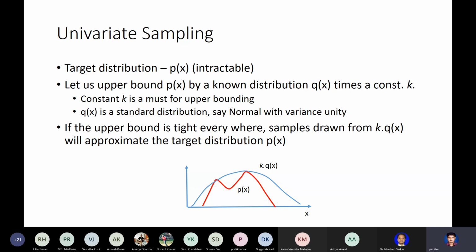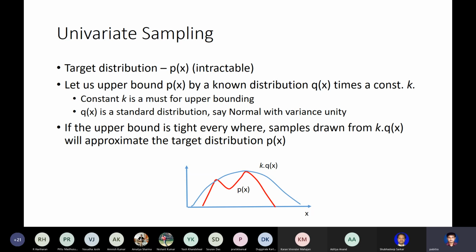Let's try to upper bound it, or enclose it, using a function. Let's say this function is this blue curve. What is the property of this function? This function is some constant k times a known distribution q(x).